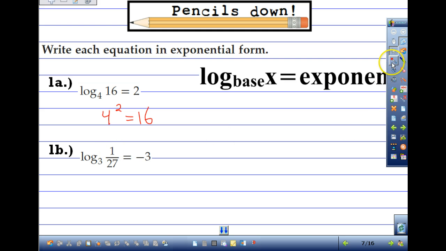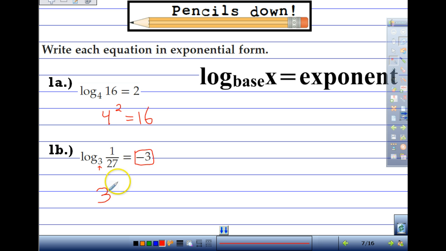How about this? What does this mean? The base 3, to the negative third power, equals 1/27. Same thing we already know, we just played with this last time. And of course we can go the other direction as well. Let's do 5 to the third equals 125.